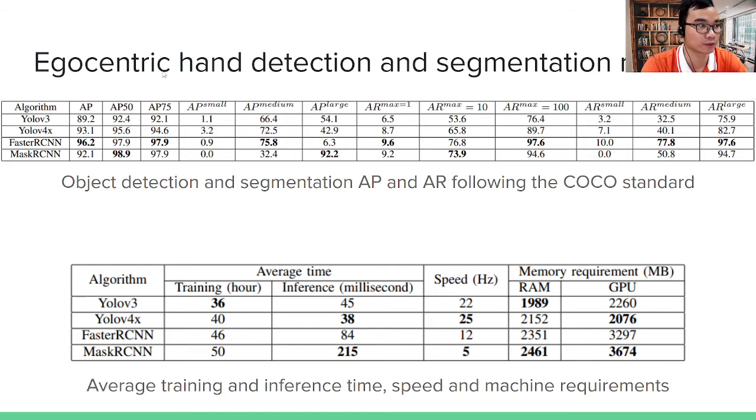Here we have the egocentric hand detection and segmentation results. Concerning egocentric hand detection performance, this table shows evidence that two-stage detectors, represented by the RCNN family models, generally outperform the one-stage detectors, the YOLO model family.